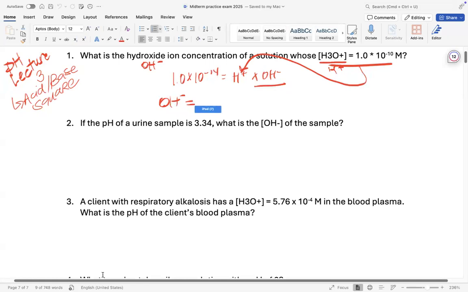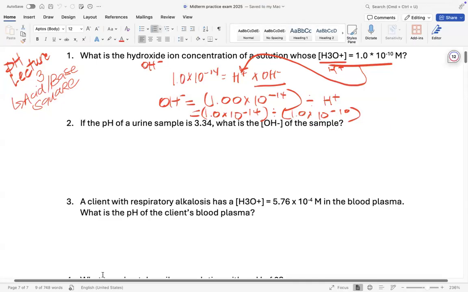So I'm going to manipulate the formula first. Divided by H plus. All right. So when you do this, you want to make sure you use parentheses when you plug into your calculator, or else the order of operations is not going to work.